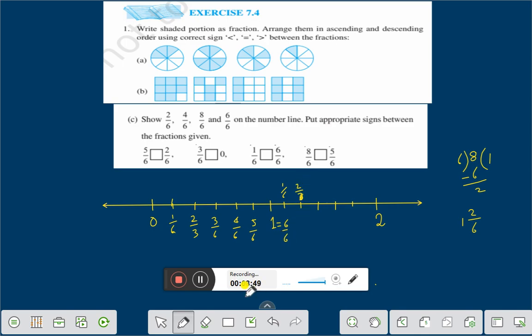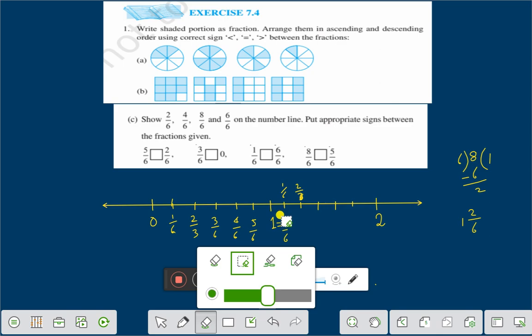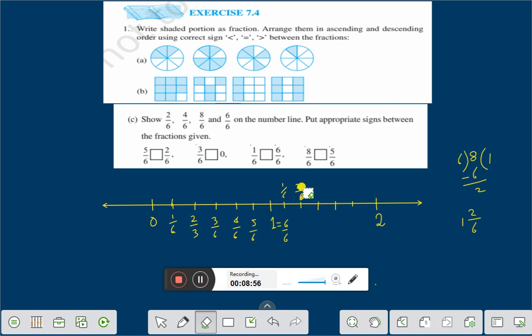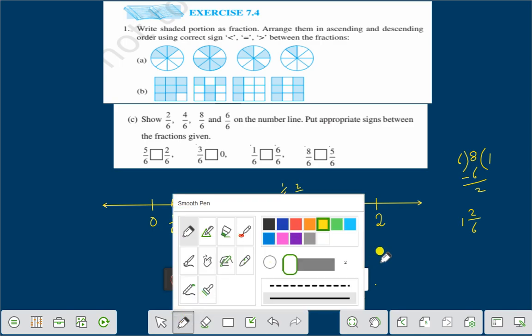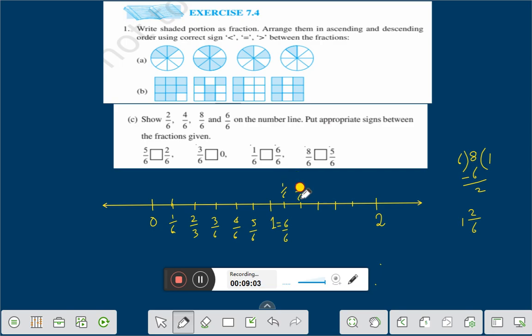It is 3 by 6. It is 4 by 6. It is 5 by 6. And 6 by 6 and 1. 1 plus 1 is 2.